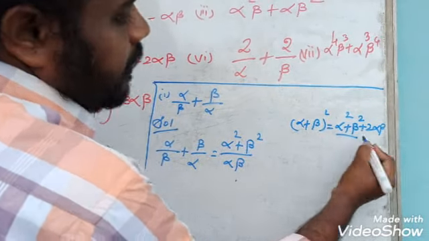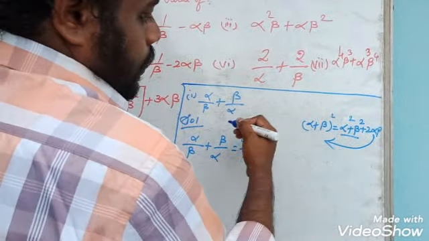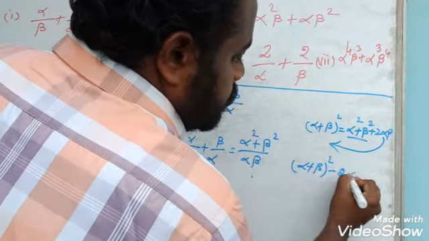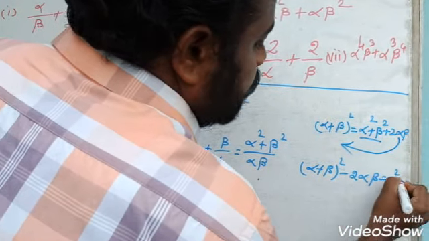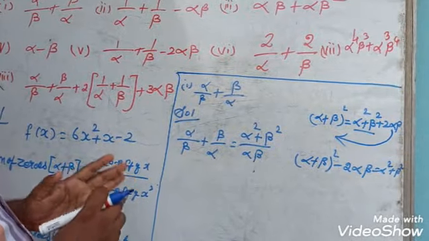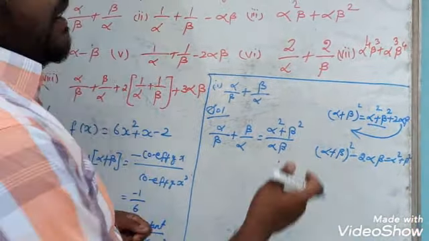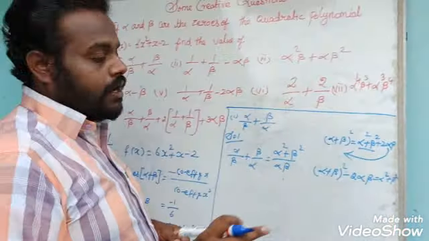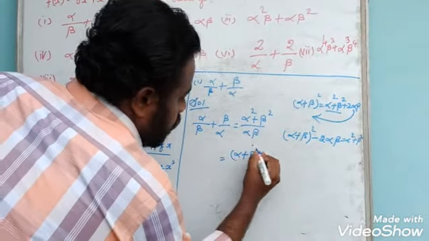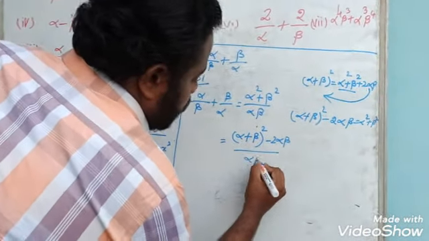I keep alpha square plus beta square here and move the other term to the left. So alpha plus beta whole square minus 2 alpha beta equals alpha square plus beta square. So the identity we have to use: alpha square plus beta square is replaced by alpha plus beta whole square minus 2 alpha beta, whole divided by alpha beta.